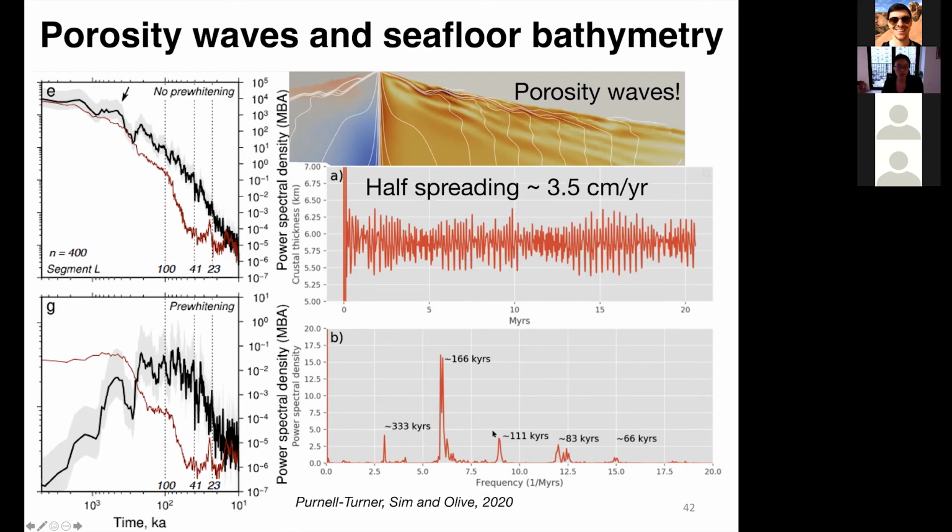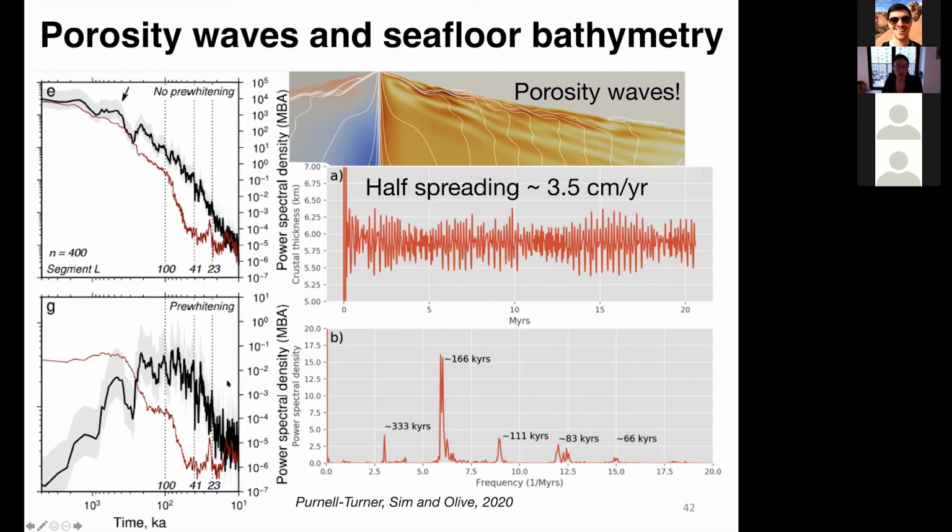When you analyze this spectrally, you can see that we do see these long period signals in them, and the smaller periodicities are actually multiples of these longer periods. So it's a possibility that these porosity waves show up in the bathymetry.